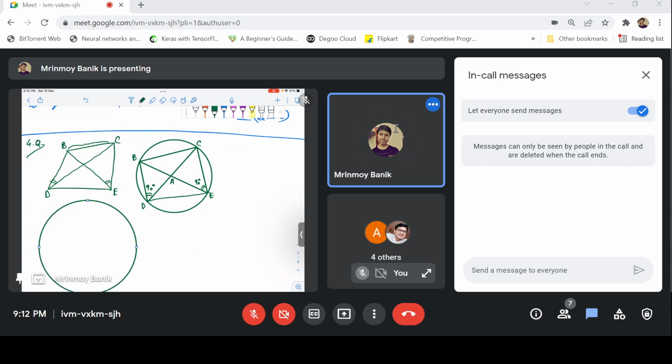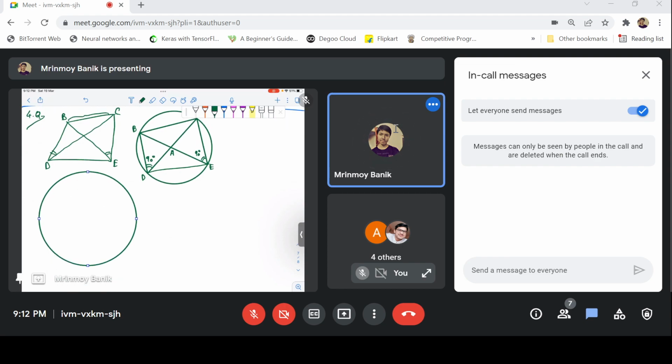Sorry. So diameter. I hope this is the center.